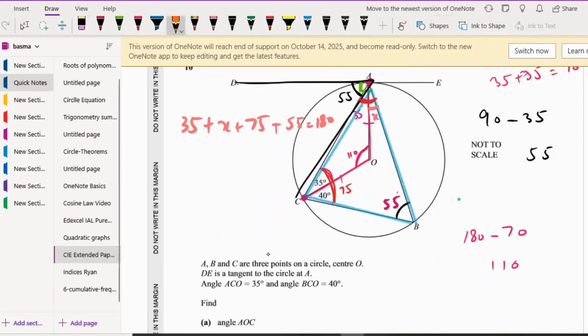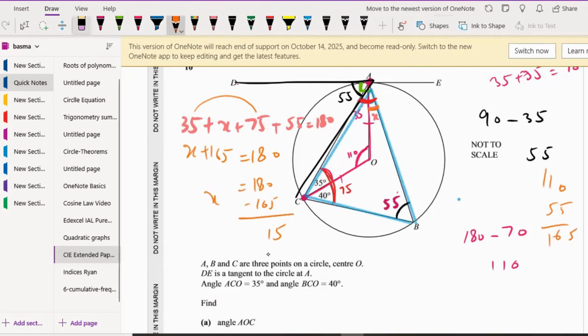So what is 35 plus 75 plus 55? 70, 30, 100, 110, 110 and 55 will be 165. So x plus 165 is equal to 180. Move 165 to the other side and subtract it, you will get x, so that will be 15. So this x, a little x here, is 15, right?